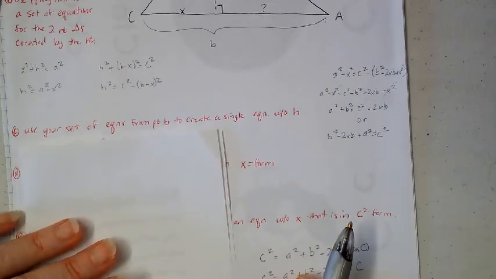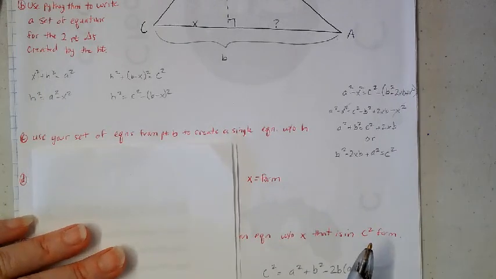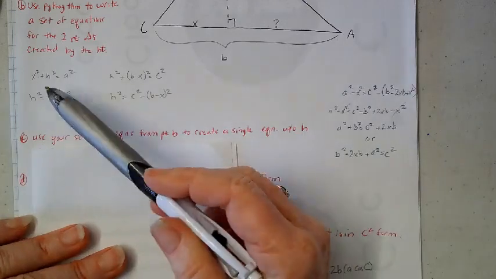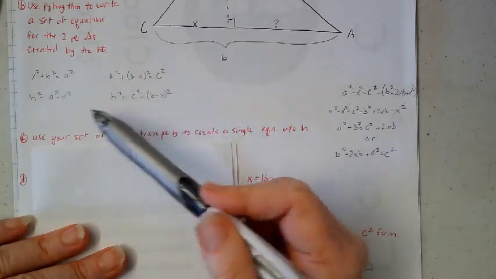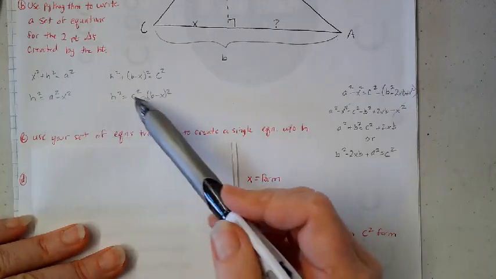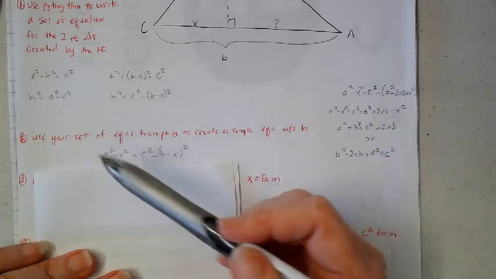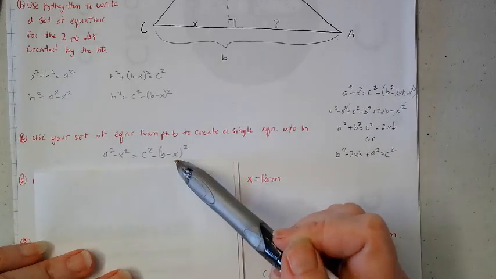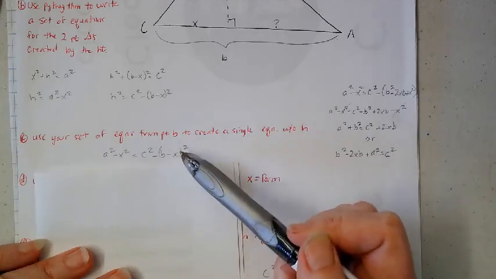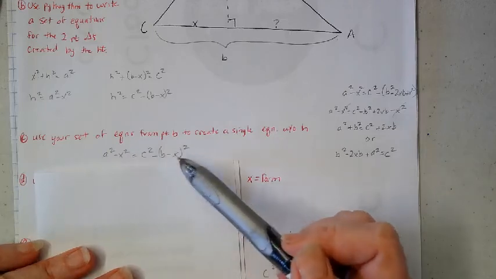So this next question says, use your set of equations from part B to create a single equation without H. So if I solve that for H and I solve that for H, if they're both equal to H squared, then they must be equal to each other. So I just set them equal to each other. See? And then they actually went ahead and squared this out and cleaned it up the best they could.